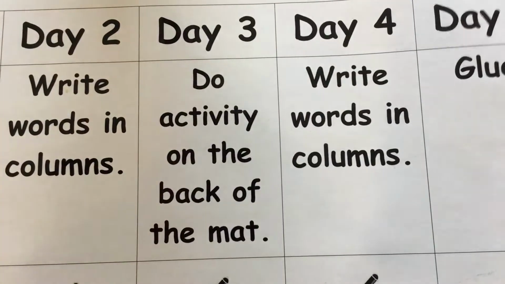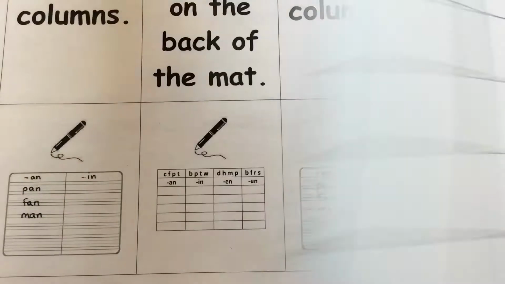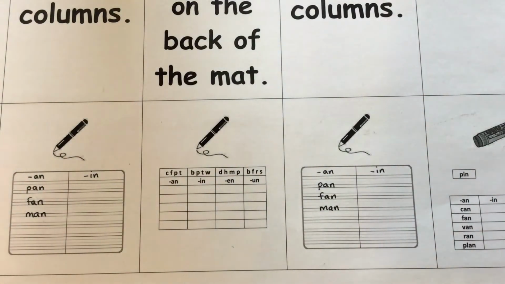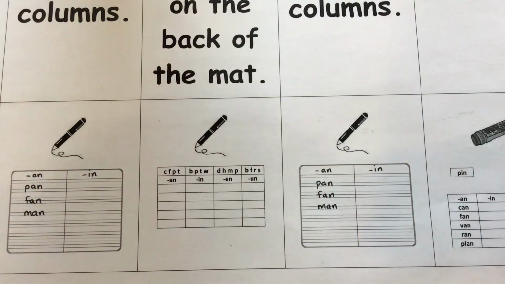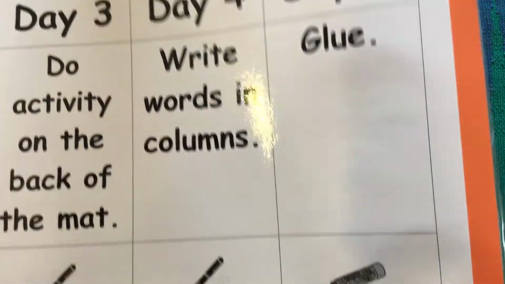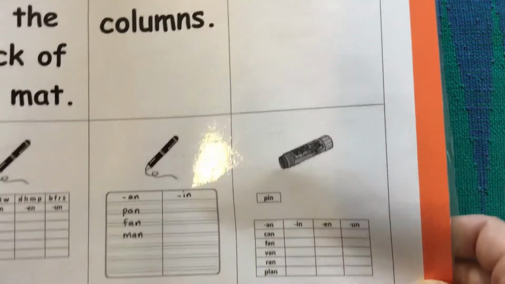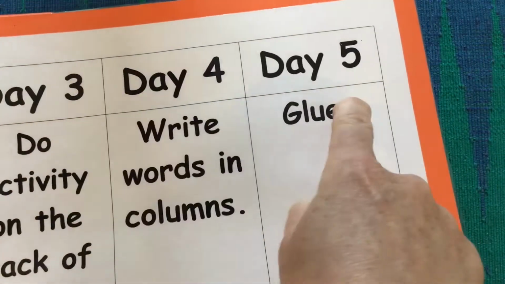On day 3, we do the activity on the back of what we call a sorting mat. It's not on the back, of course, silly me, because of having to scan it, but I'll show that to you later. And day 4, write in columns again, so they get practice doing that twice, and then on the final day they get to glue. So this is the activity that varies every day.